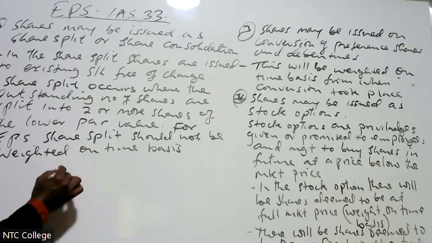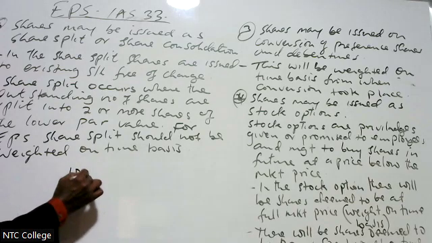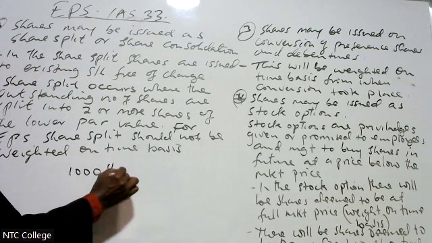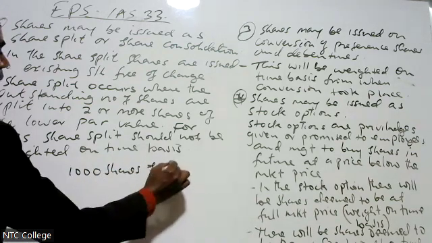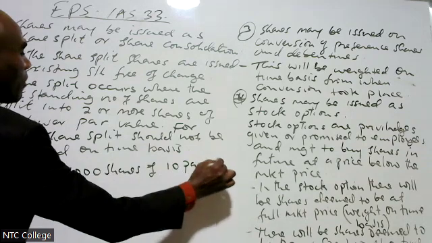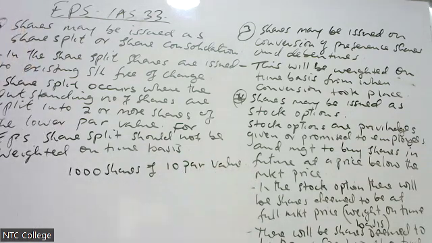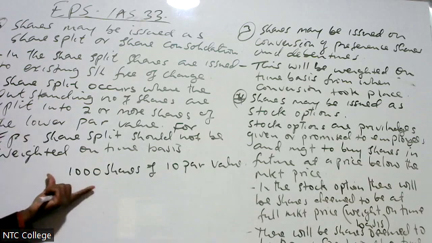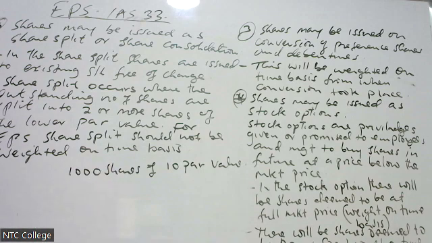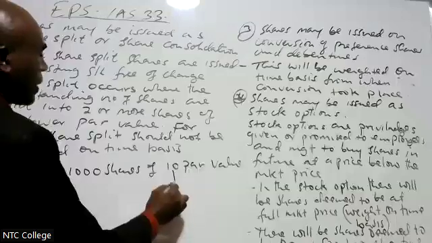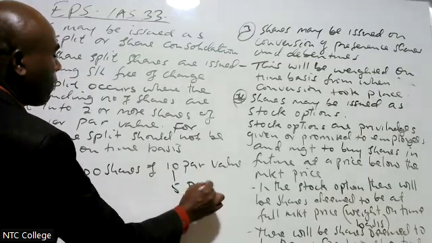Like for example, I have 1,000 shares of shillings 10 par value. And due to high demand of my shares, I decide to split my shares into lower par value, for example, shillings 5 par value.